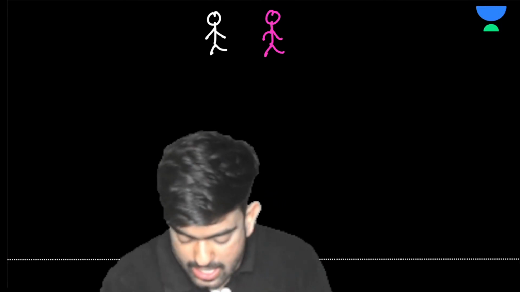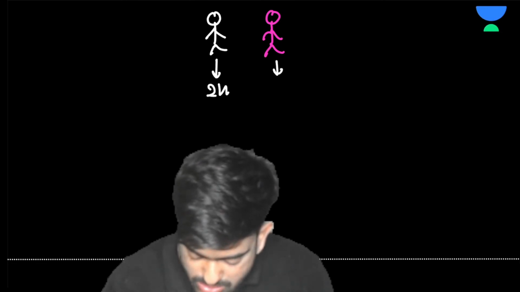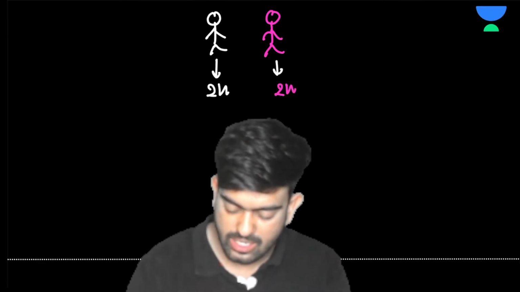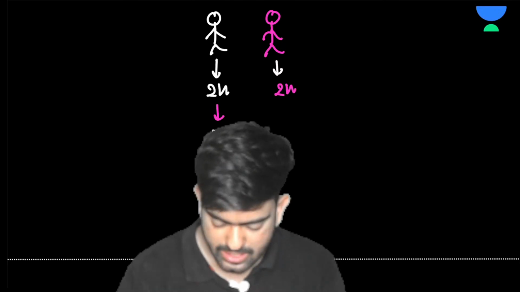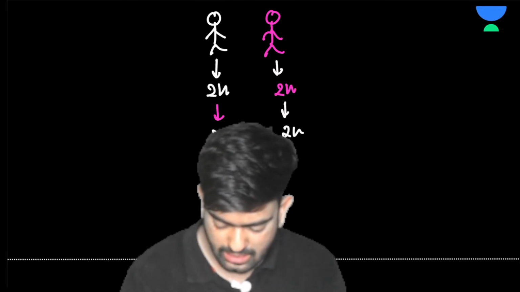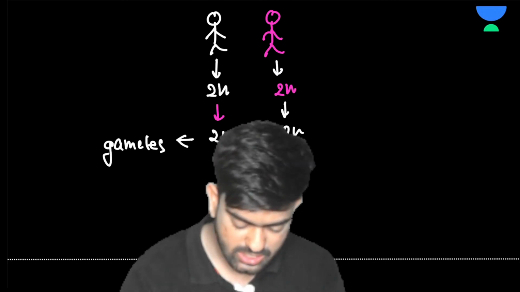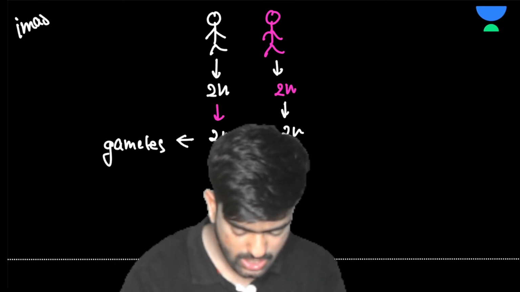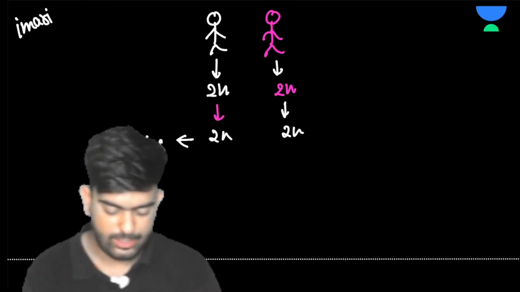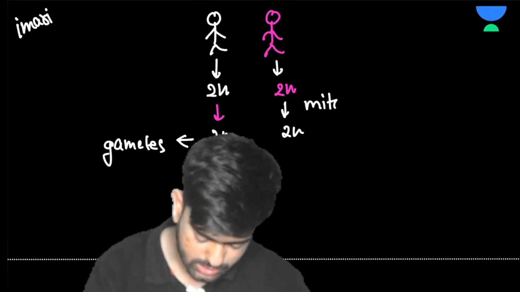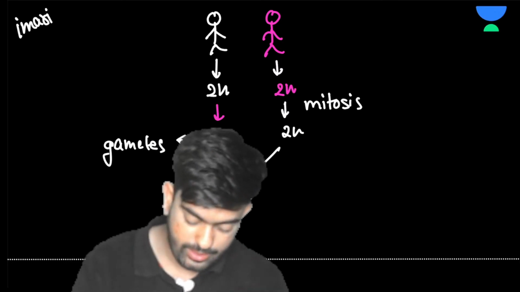If they are forming the gametes through mitosis, their gametes will be 2n and 2n, obviously. This is just an imaginary condition. They decided to form the baby with the help of mitosis. Now, the child is going to have 4n chromosomes.